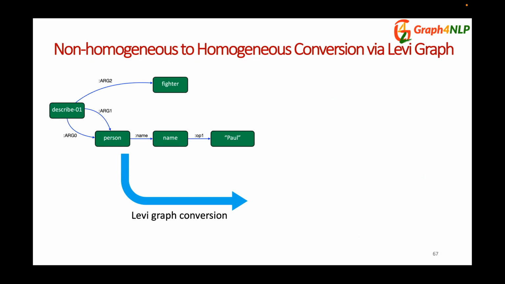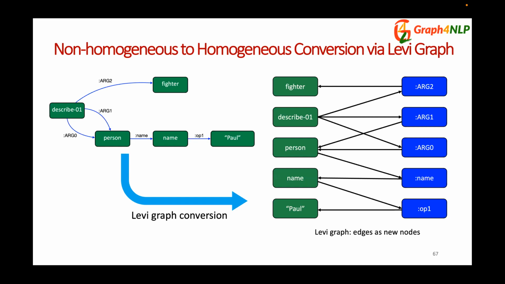The key idea of Levi graph conversion is to regard each edge in the original graph as a new node, and connect the original nodes and the new nodes. As a result, we will get a bipartite graph, which is a homogeneous graph. So we can apply homogeneous GNNs to it.